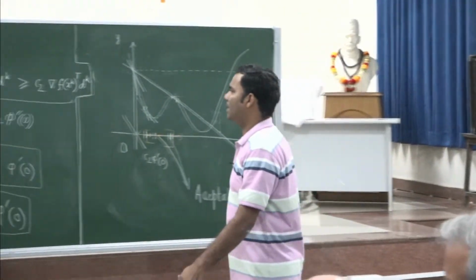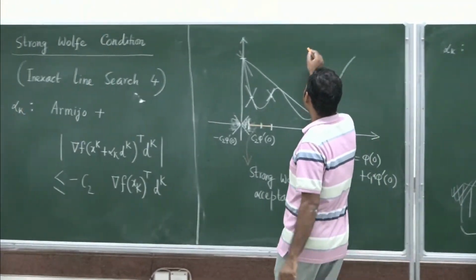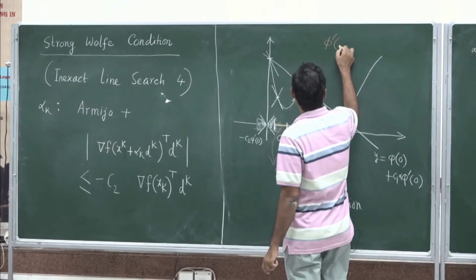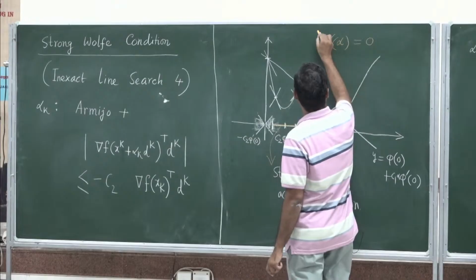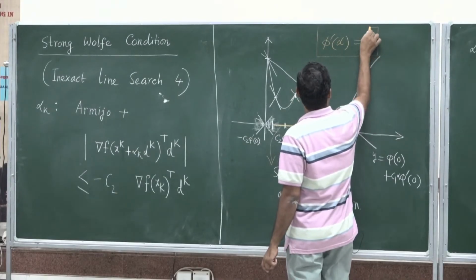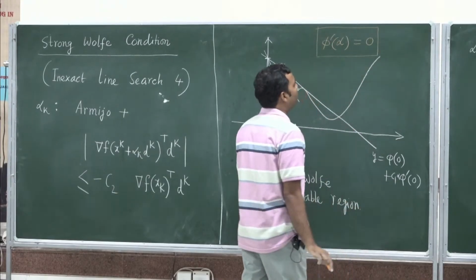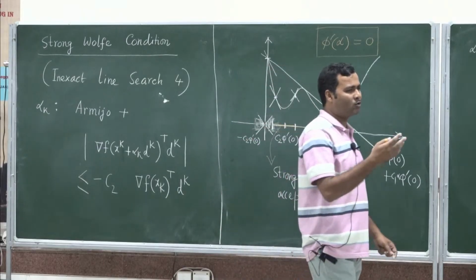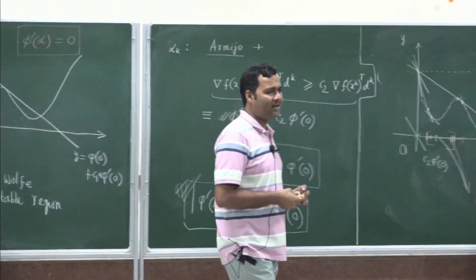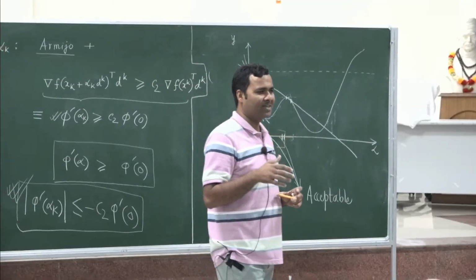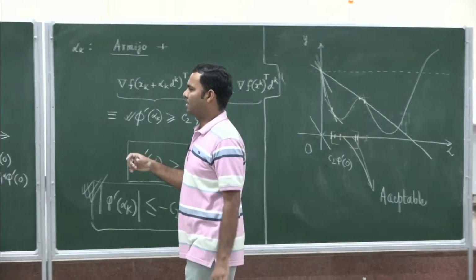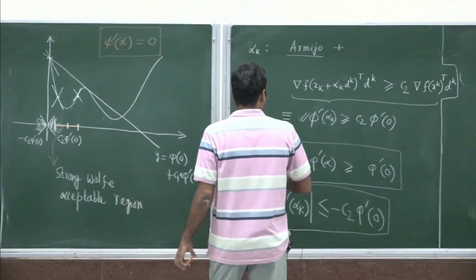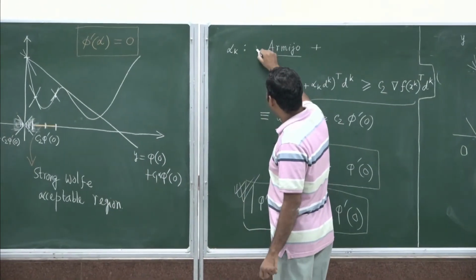Earlier in exact line search we were solving phi dash of alpha equals 0. We needed to solve this equation, right? And to solve it we need to proceed with a root finding method, which is an iterative process, and the computational cost is higher. Here there are just two inequalities: choose alpha k that satisfies this and this.